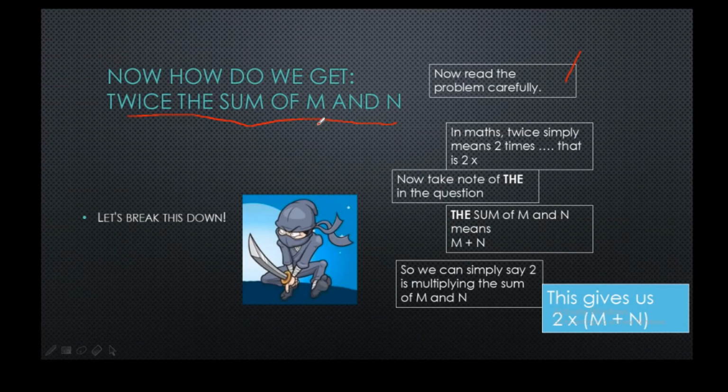After reading the problem carefully, in mathematics, twice simply means 2 times. So I have once, twice, thrice, and so on and so forth. So in math, twice simply means 2 times. Now take note of the.